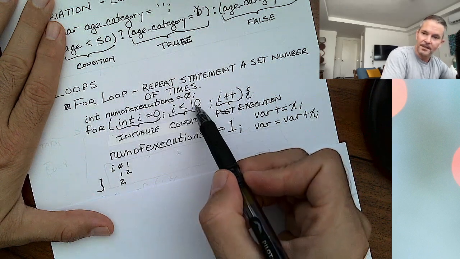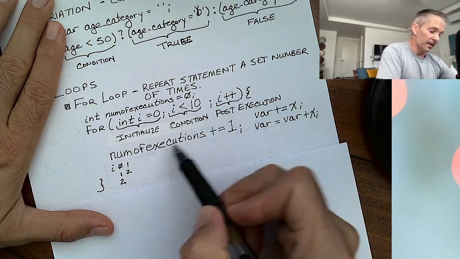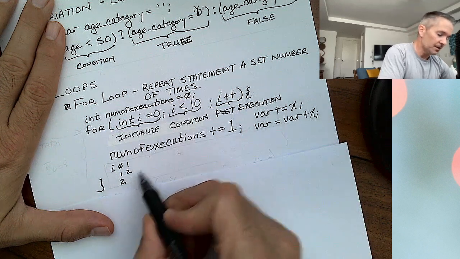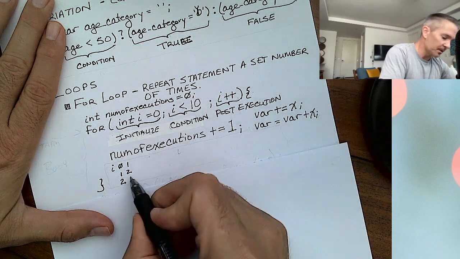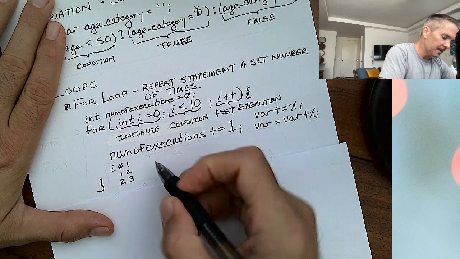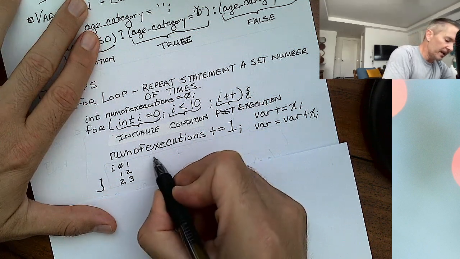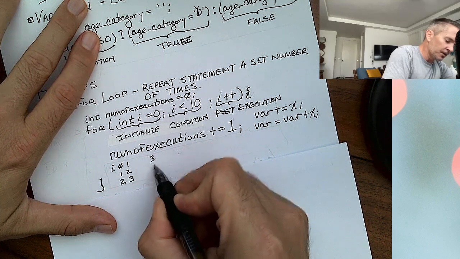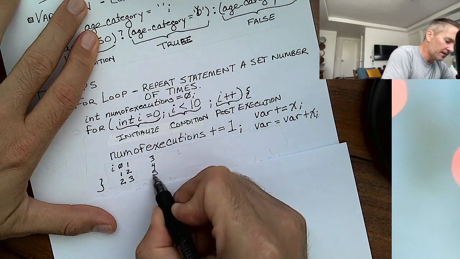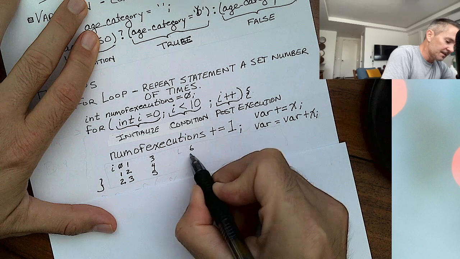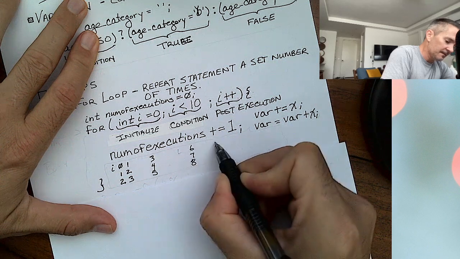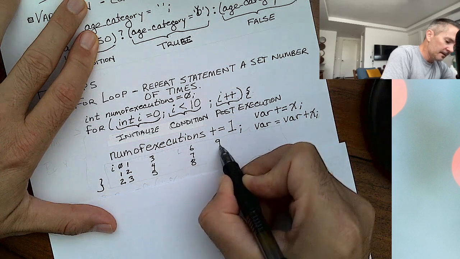Is 2 less than 10? Yes. So we execute number of executions. Now number of executions will be incremented to the value 3. As you can see, we're going to continue all the way through as I equals 3, 4, 5, 6, 7, 8, 9, and then we'll stop.